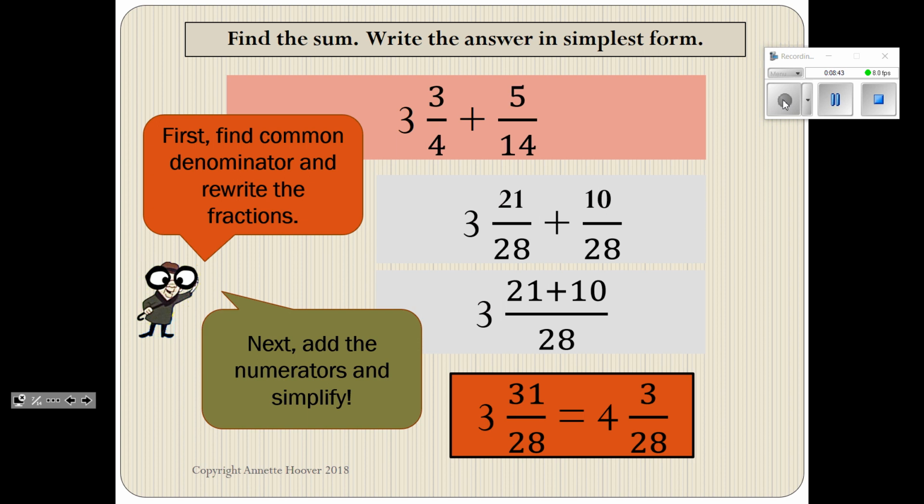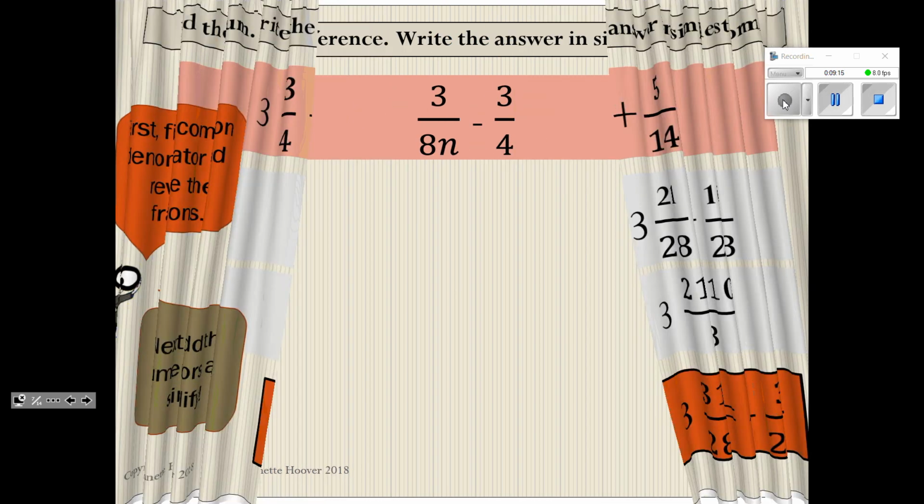Now 31/28 is an improper fraction, so we have to take 31 and divide it by 28. That would give us one group, and when you subtract, you get 3. So 1 and 3/28, but we already had 3 wholes right here. So when we add that 1 whole to another 3 wholes, that gives us 4 wholes and 3/28. You can do the same thing by making your improper fractions. You're just going to have very large numbers.